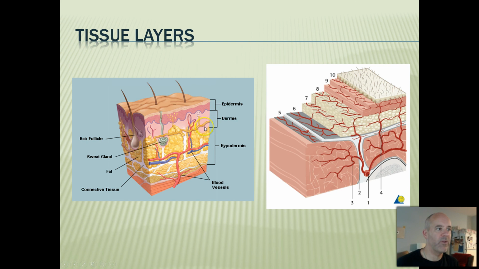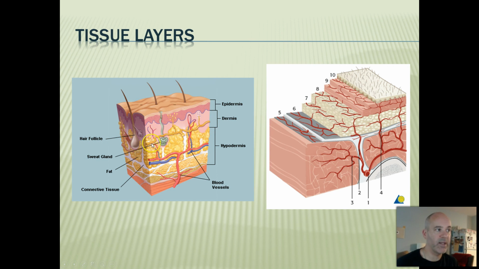And then you move down into the dermis. Remember, with the dermis, we have up here these little hilly areas poking up into the epidermis. That's your papillary sublayer. Then you have the reticular sublayer deep to that. The papillary sublayer up here at the top is composed of areolar loose connective tissue.